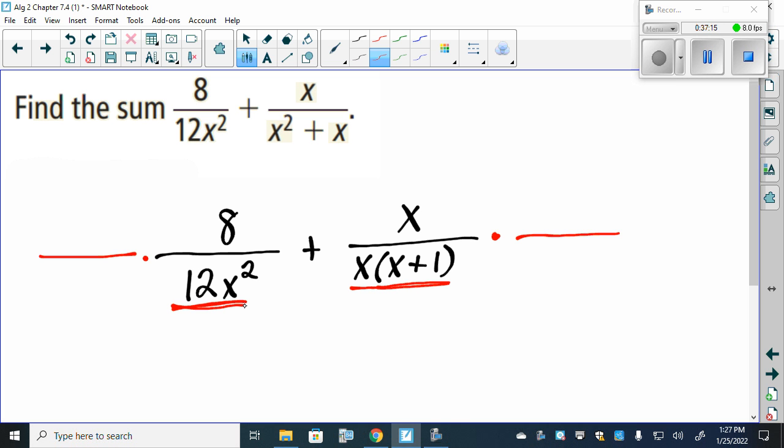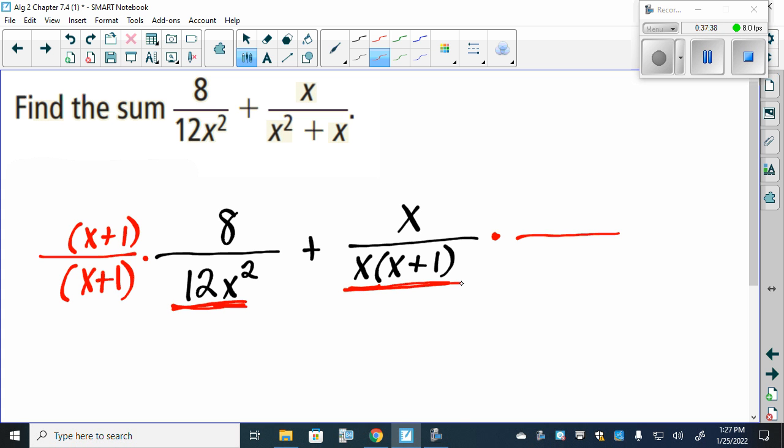So we will need an x plus 1 over x plus 1. Now this one over here does have an x. Does the 12x squared have an x there? Well, yes, it actually has two of them, so I don't need to multiply it by the x because it's already here.